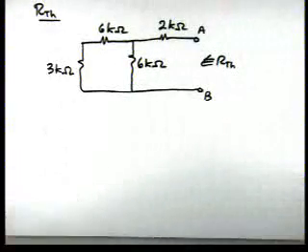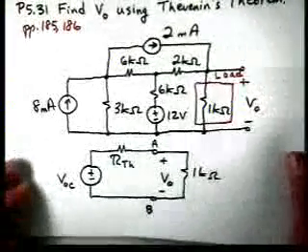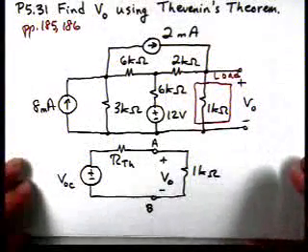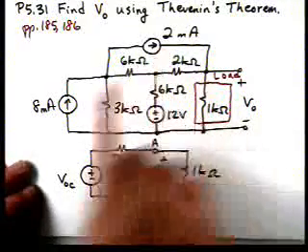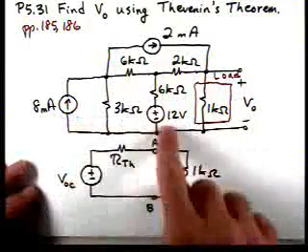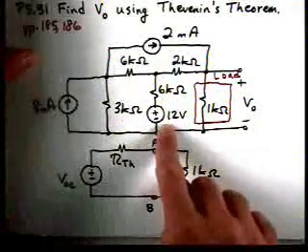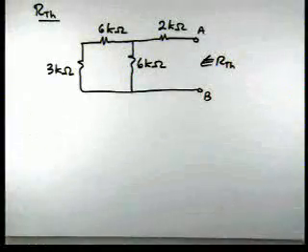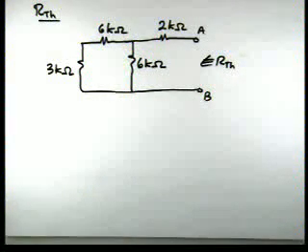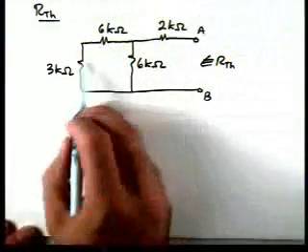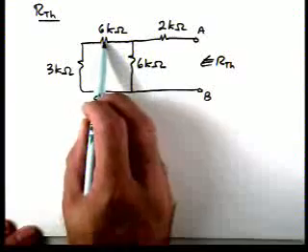Now let's calculate R Thevenin. If we go into our original circuit, and I'll show it here real quick. If we set all those sources, really turn them off, this becomes an open, this becomes an open, this becomes a short. The resulting circuit is as shown. Okay, so now we have these two resistors in series for a 9K.